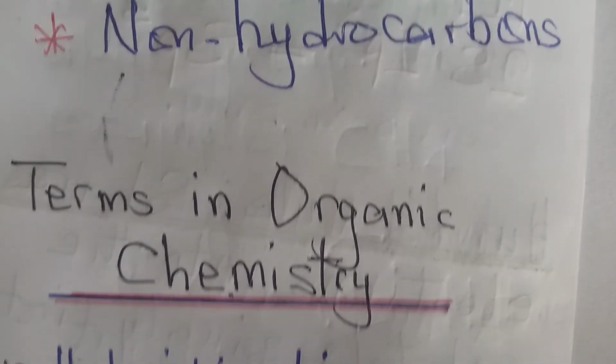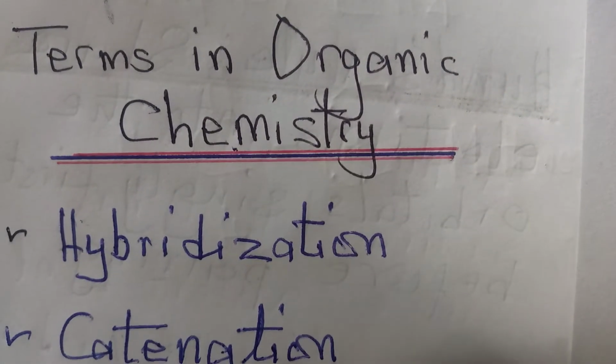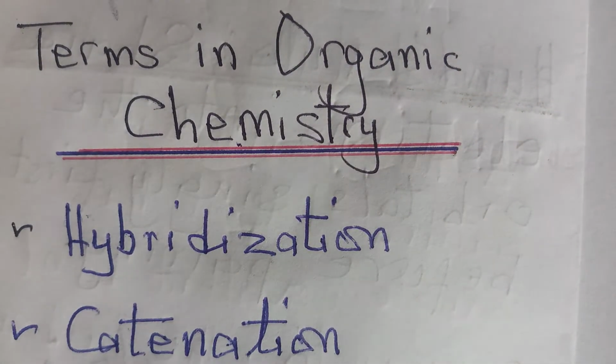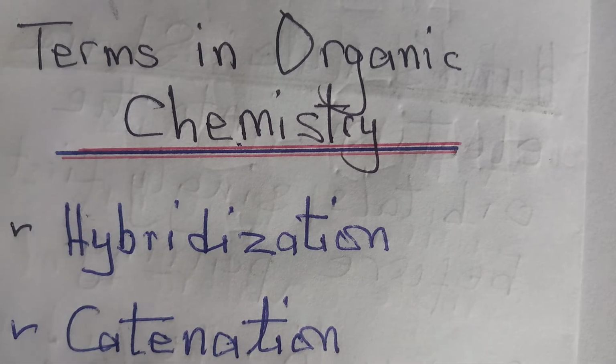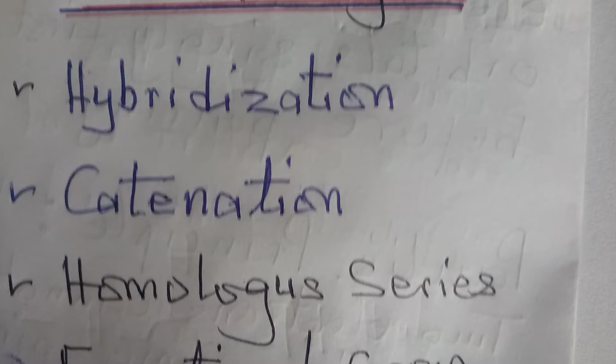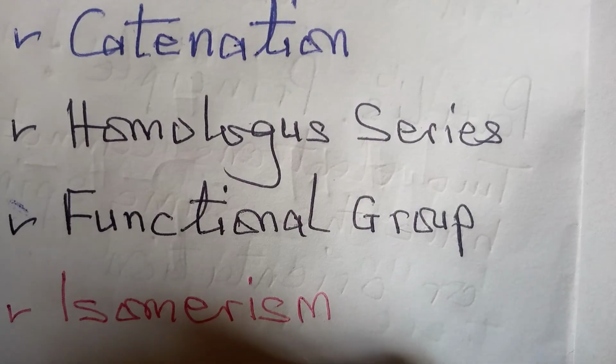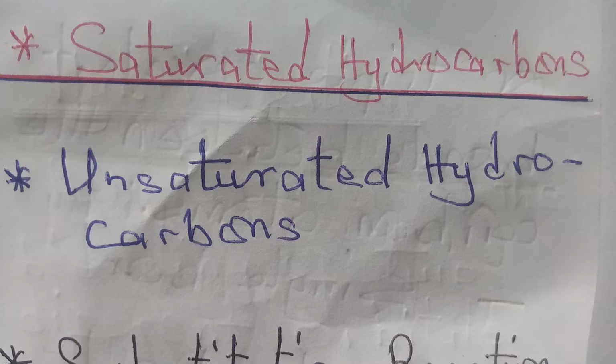What are the terms used in organic chemistry? There are beautiful terminologies that are used in organic chemistry. For instance, we have hybridization, catenation, homologous series, functional group, isomerism, saturated and unsaturated hydrocarbons.